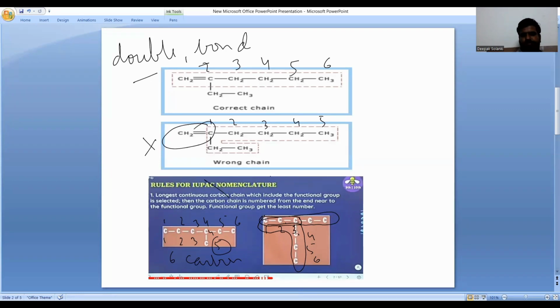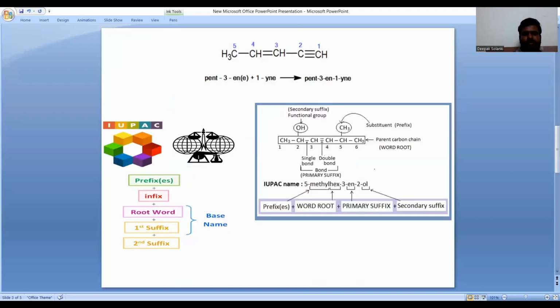Next I can discuss with you prefix, word root, primary suffix, and secondary suffix. You can see the chain here, 1, 2, 3, 4, 5, and 6.